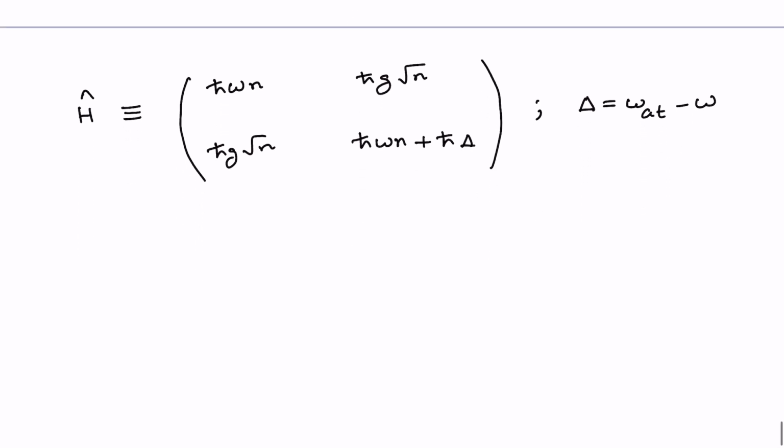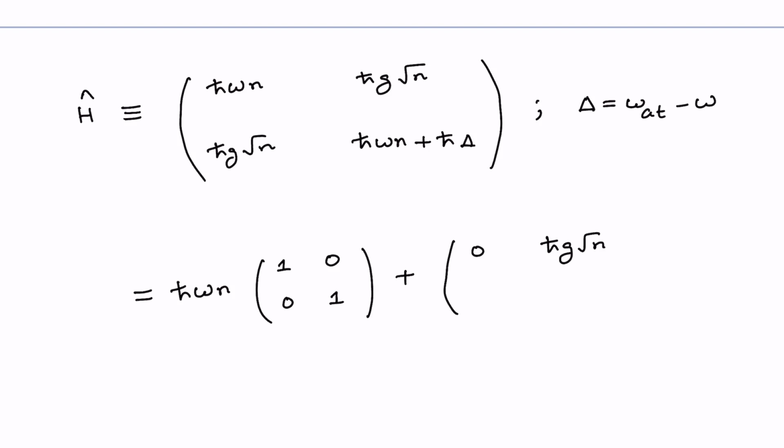Okay, this Hamiltonian, we can easily find the eigenvalues if I write it in this form. I can write it as h bar omega n times the identity matrix, plus the matrix with 0, h bar g square root n, h bar g square root n, h bar delta.